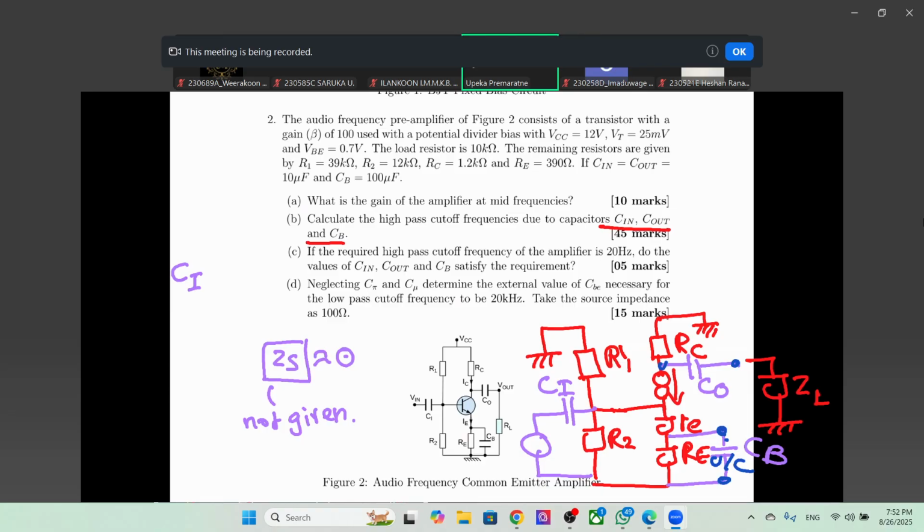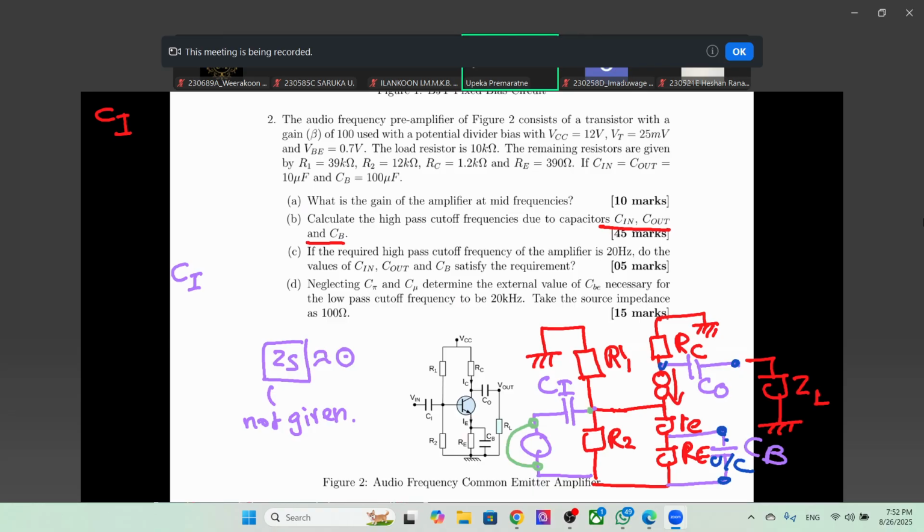So we'll start off with C1, the input capacitor, in which case we short circuit the source. And then what do we get for the resistance?